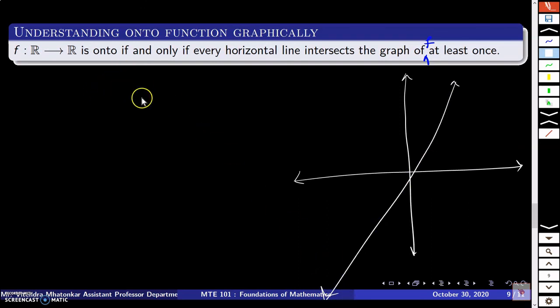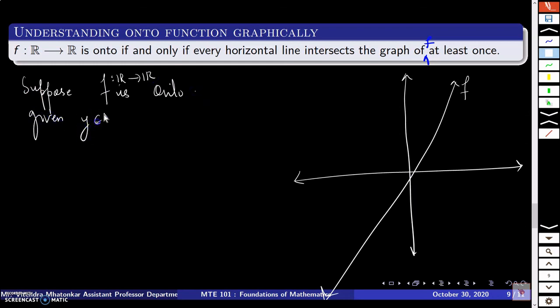Now supposing this graph represents the function f, and suppose I'll assume that f is onto. Now what do you mean by f is onto? f is a map from R to R, that's onto. That means given any y in Y, or let me pick up any point, yeah, y in Y, there exists a point x in X such that f of x is equal to y.